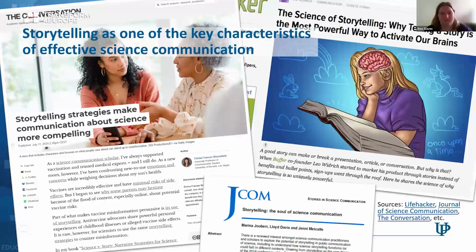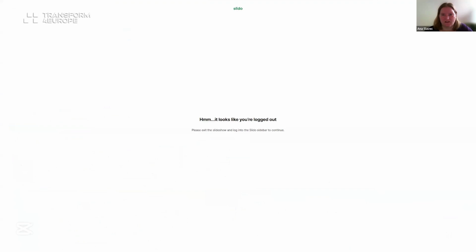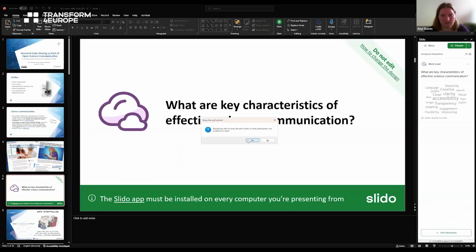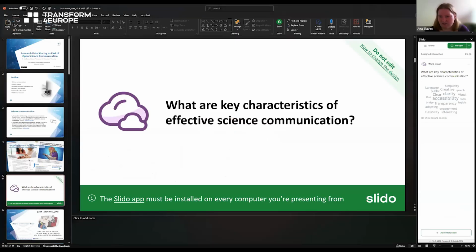Some are popular science articles, some also scientific, but there are of course many more that mention this importance of storytelling. So that science should be told in the form of stories.